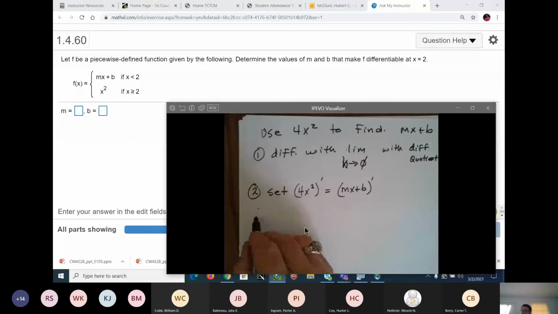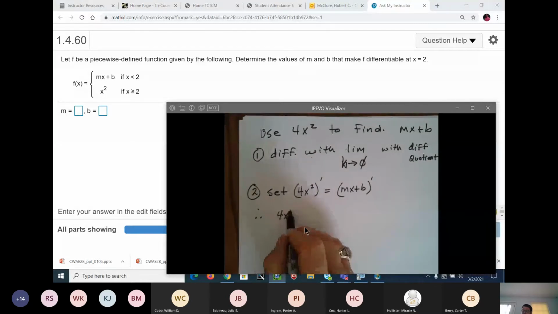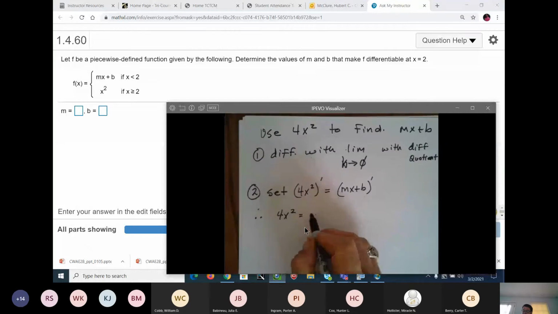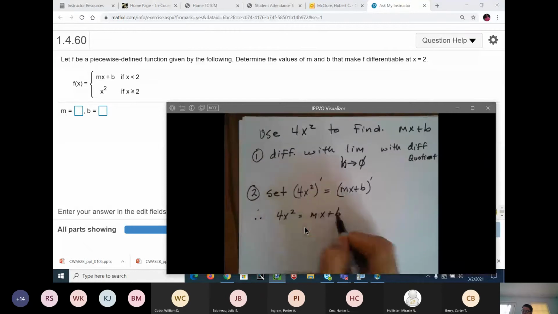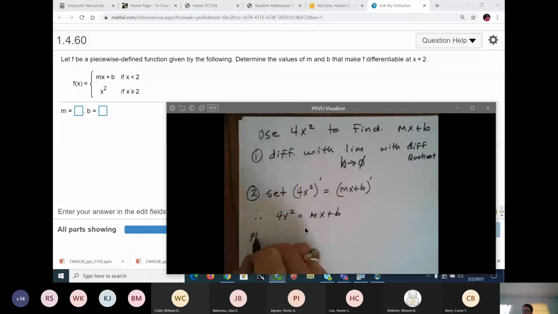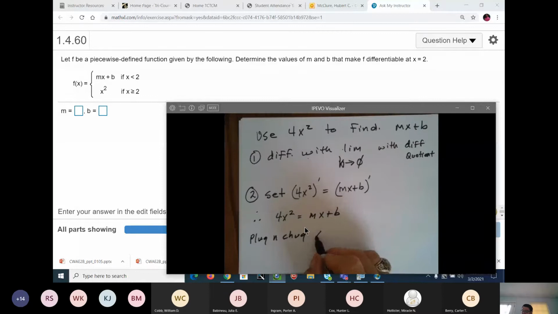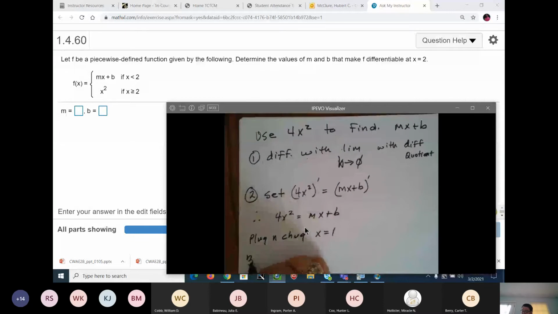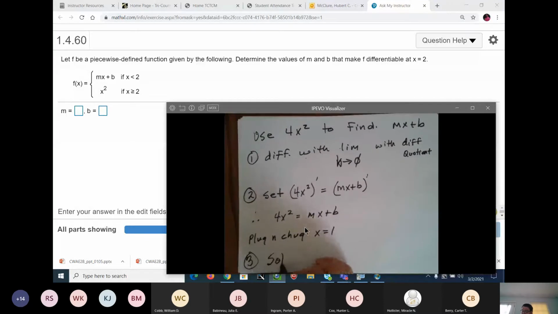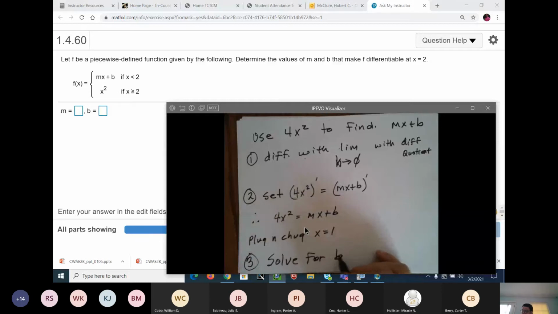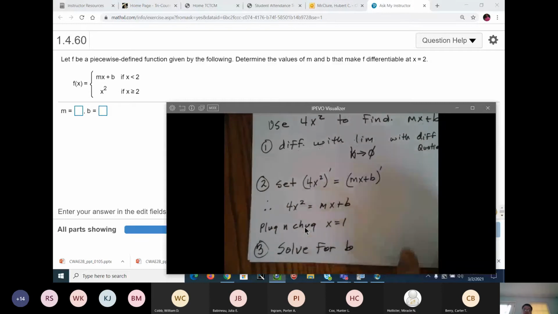Therefore, 4x squared is equal to mx plus b, and you're going to plug and chug what they give you. In this case, x is equal to 1. And you're going to solve for b. That's how you do this problem.